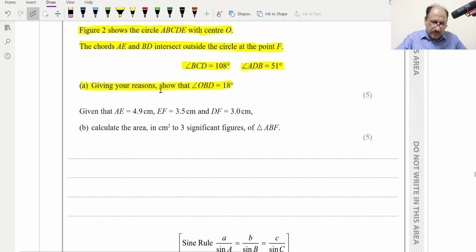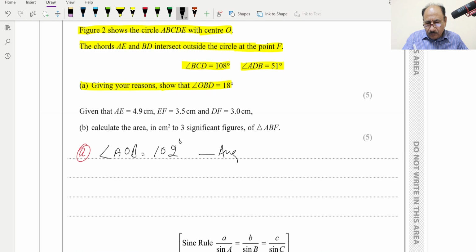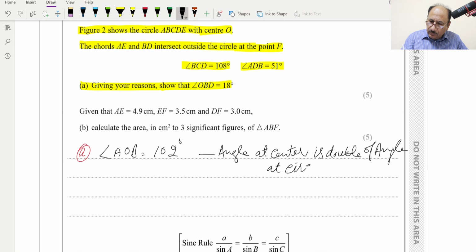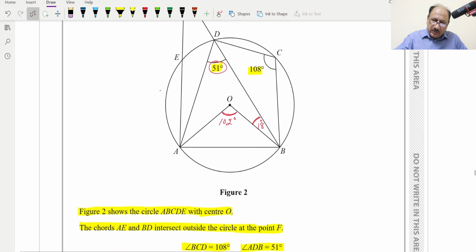And for the reason we have to write: angle at center is double of angle at circumference. So this is done. Now we got this angle 102.